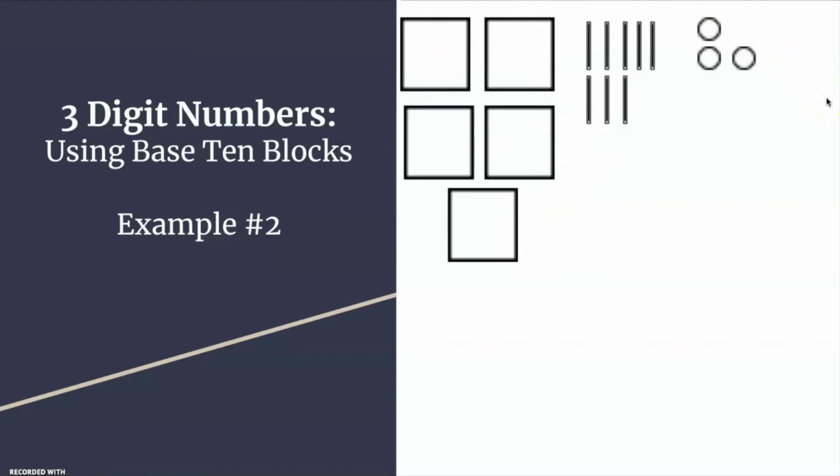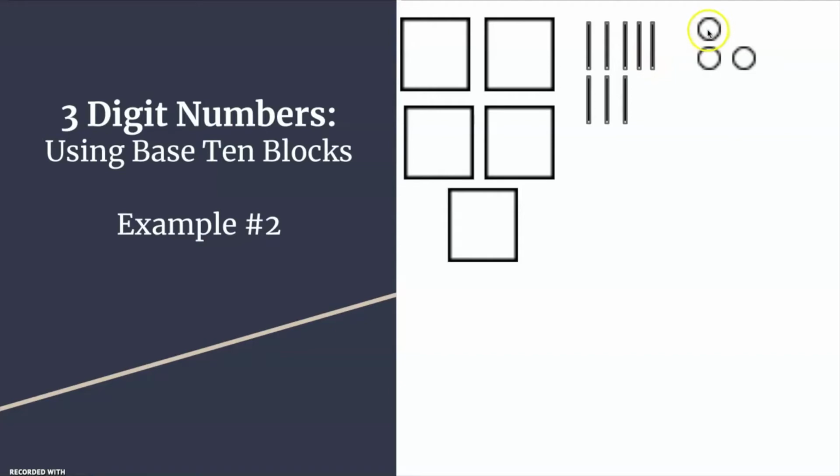Now let's take a look at another example. All right, in this one, we see 1, 2, 3, 4, 5 boxes. So that means we have 5 hundreds. We have 1, 2, 3, 4, 5, 6, 7, 8 sticks. So 8 sticks means 80 or 8 tens.